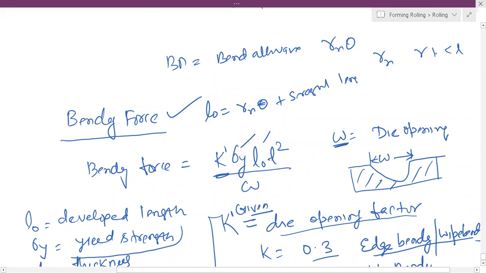So Rn is equal to R plus K T, where R is your bend radius. K is your stretch factor or bend factor. And here K dash is the die opening factor. That is clear now. This bending force we will now solve numericals.